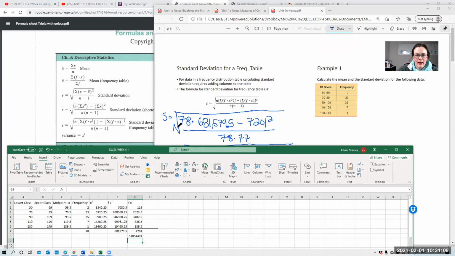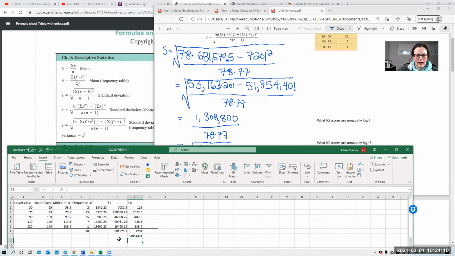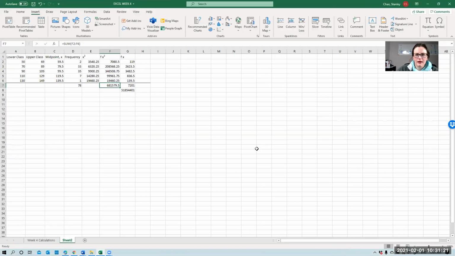And then I would take this value right here, the 681,579, and multiply it by 78.